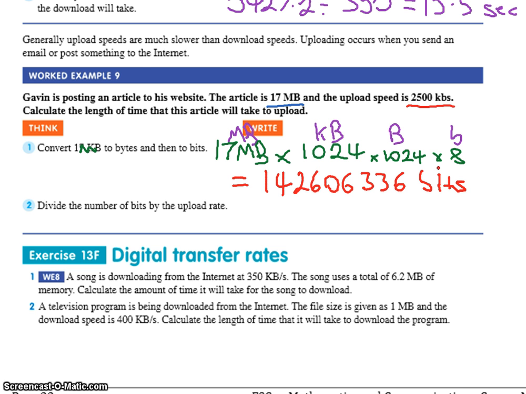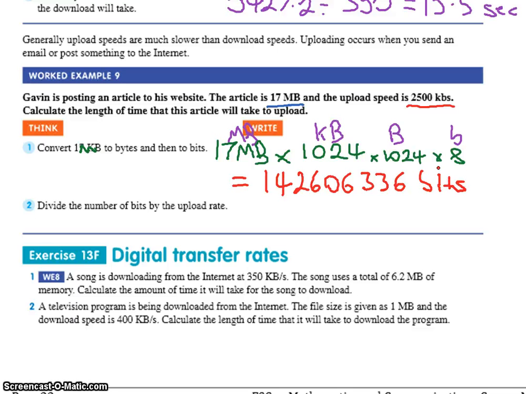Okay, we're talking 142,606,336 bits. Say that number again. 142,606,336 bits. Now the great thing is you've got a wonderful calculator that even if you press all clear, the answer is still in there, still stored.